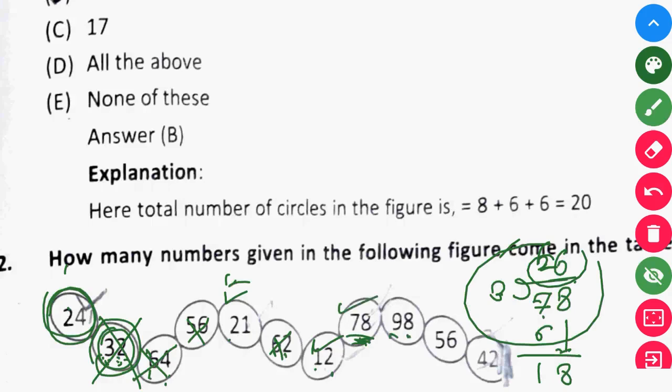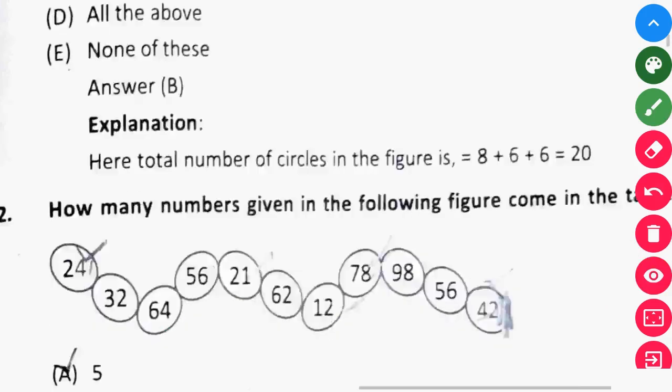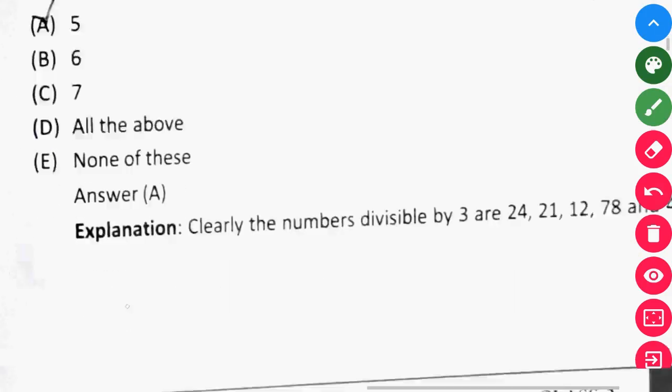98, 9 plus 8 becomes 17. So 17 is not there in the table of 3. 5 plus 6 again 11. No, it is not there. 4 plus 2 is 6. Yes, it will be there. 14 3s are 42. So 1, 2, 3, 4 and 5 numbers we got which are in the table of 3.